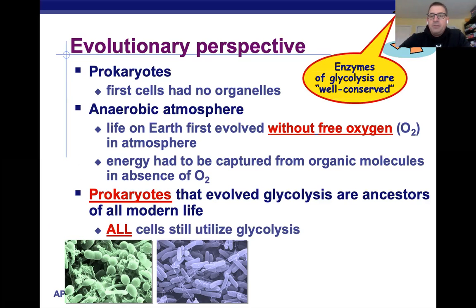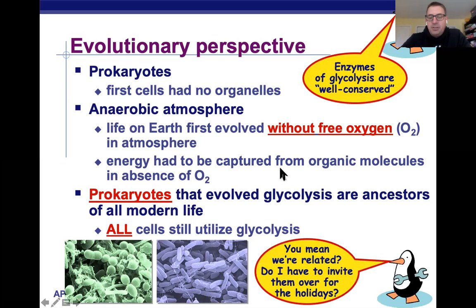And this is another piece of evidence for a common ancestor: the enzymes of glycolysis are well conserved. When we say well conserved, that means they really haven't changed very much over time. They are still very much the same as they were 3.56 billion years ago.